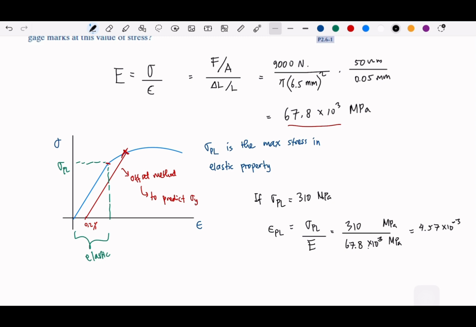I think it should be 4, right? 3, 6, yeah, it should be 4. Or maybe 5. Yeah, it's 4.45.